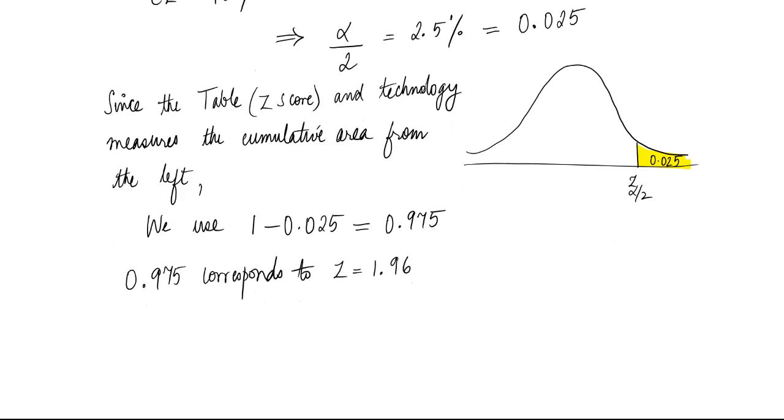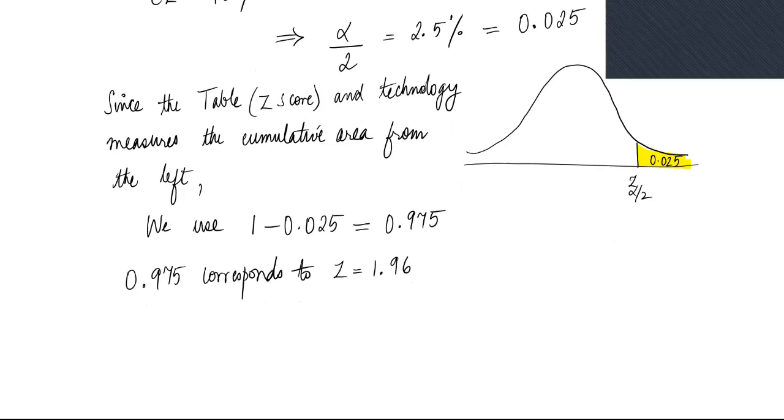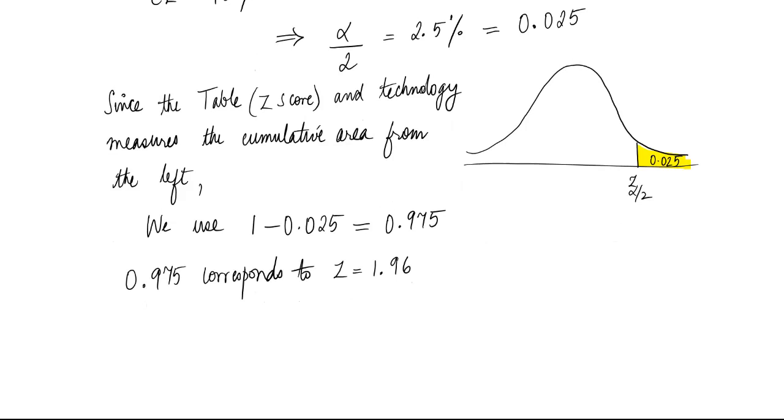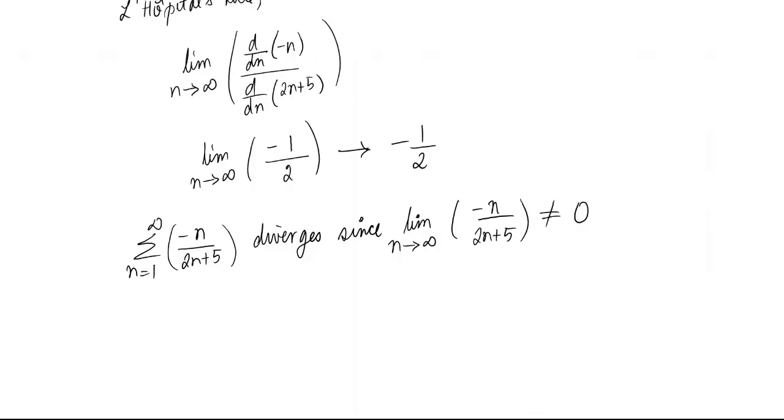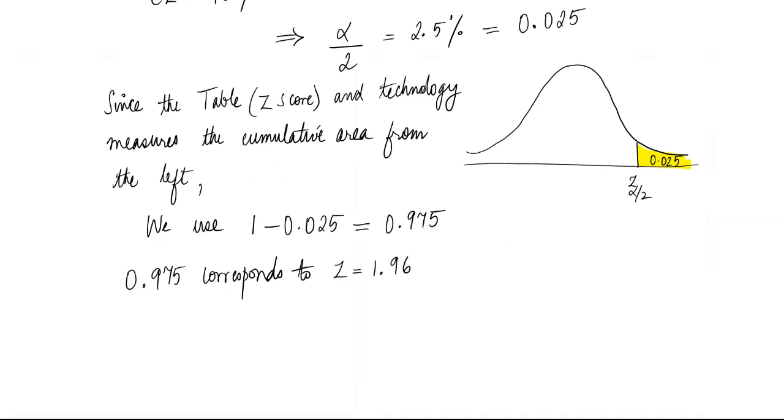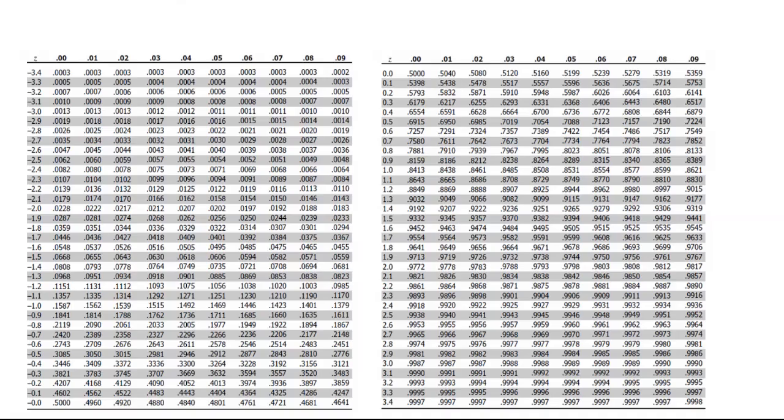I want you to take a moment to check that quickly. You can pause the video at this time and then quickly check that. So I can show you here where I have the table. You're looking at 0.975, right? And so that is to be found in the body of the table, 0.975.